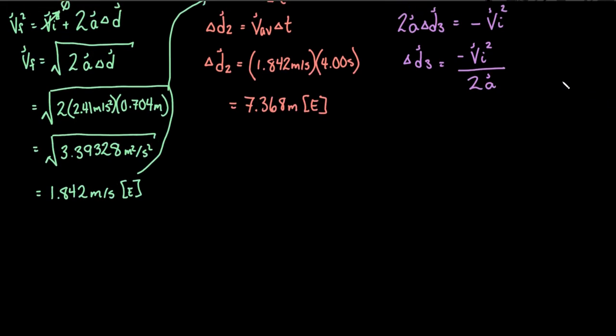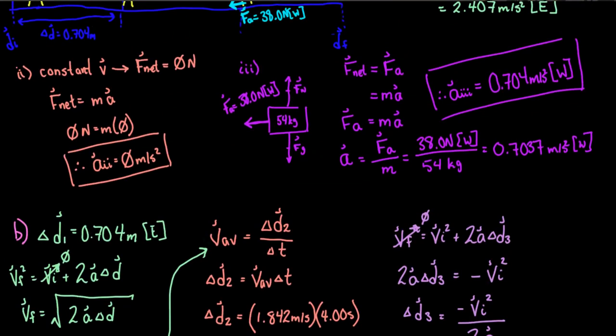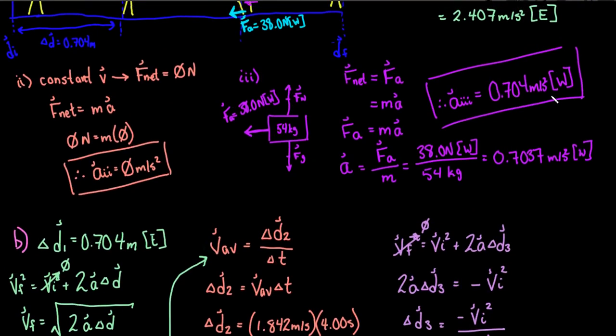Okay? So that initial velocity was this average velocity that we traveled at. So we get the negative of 1.842 meters per second all squared. Remember, that gets plugged in as positive because it's east. And then in situation 3, our acceleration was 0.704 meters per second squared west.